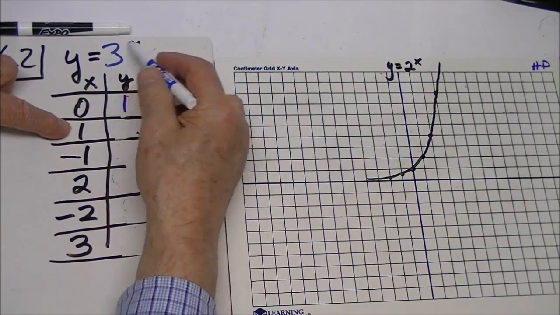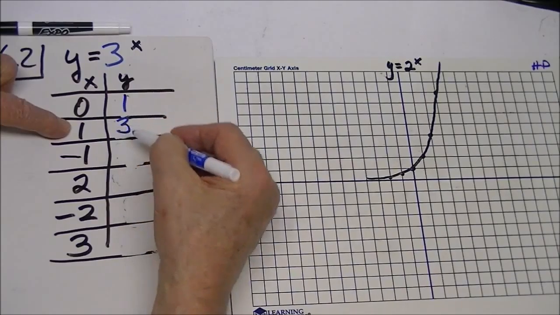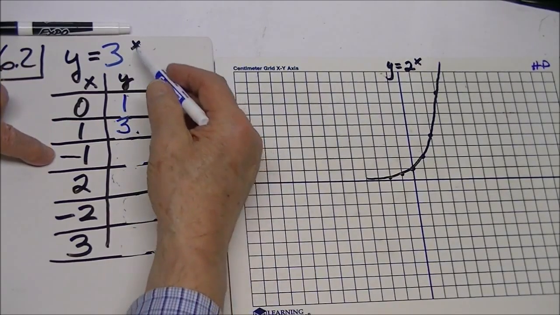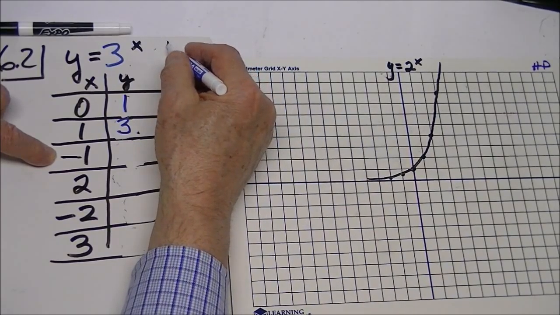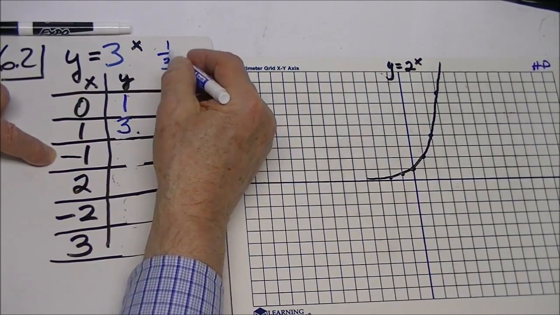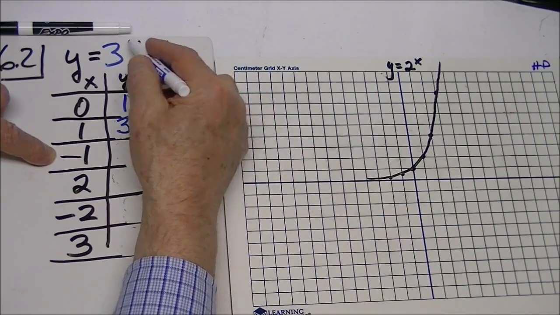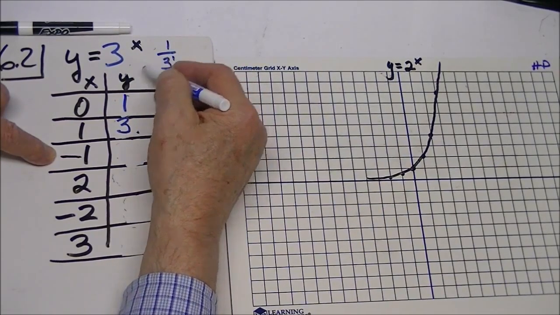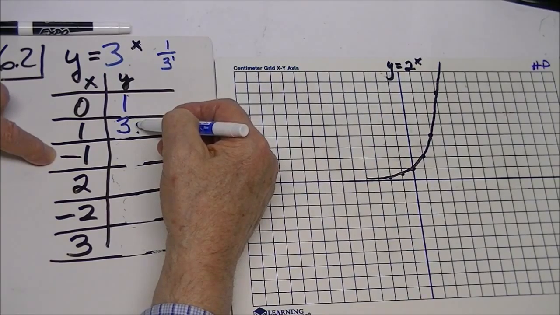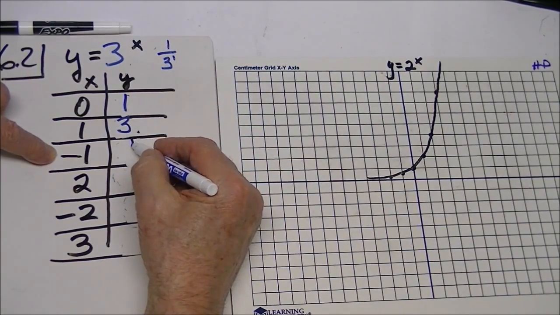Now, if x is 1, this is going to be 3. And if x is a negative 1, it becomes 1 over 3 to the first as we bring that exponent down. And in a sense, it's the reciprocal of this. So 1/3.